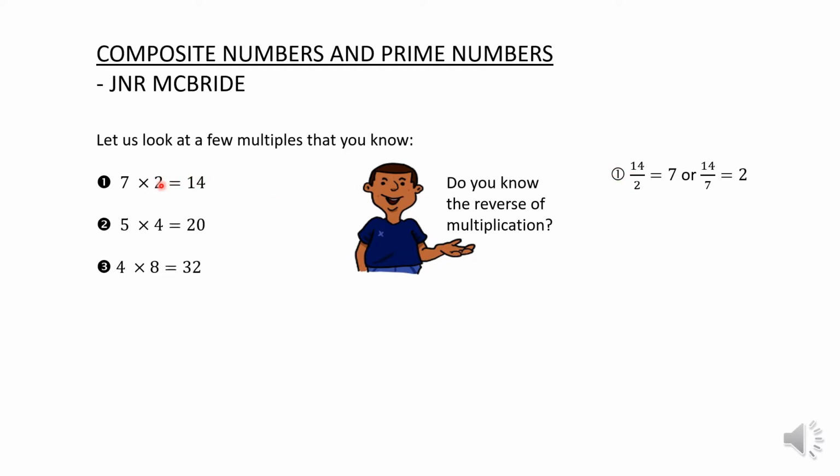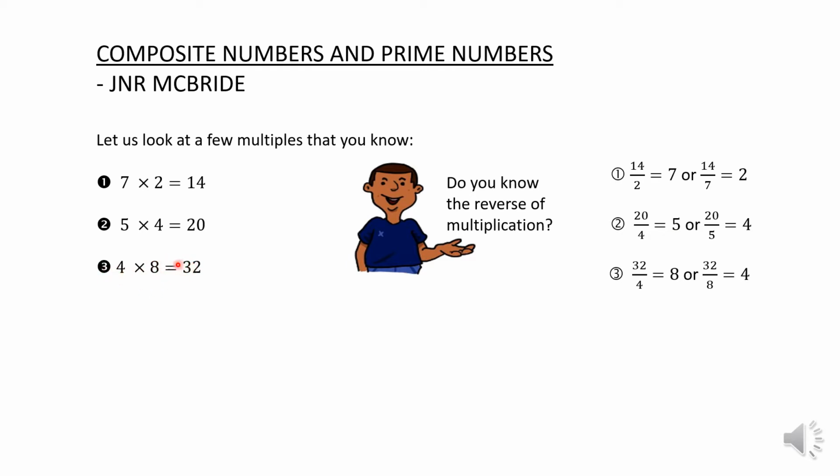And if you divide 14 by 7, you get 2. The same applies with 20. You divide 20 by 5, you get 4. You divide 20 by 4, you get 5. The same applies for 32. 32 divided by 4 gives you 8. And 32 divided by 8 gives you 4.